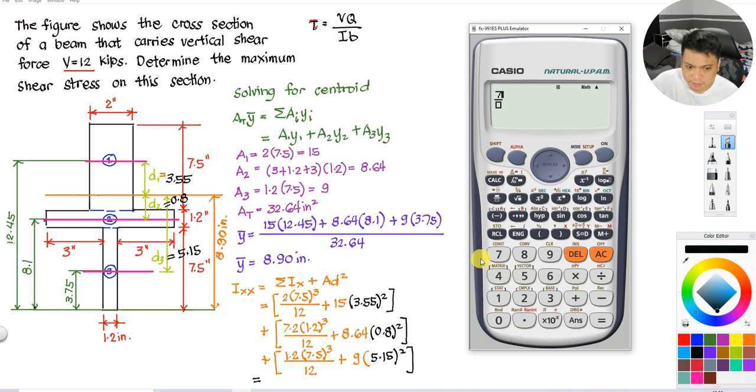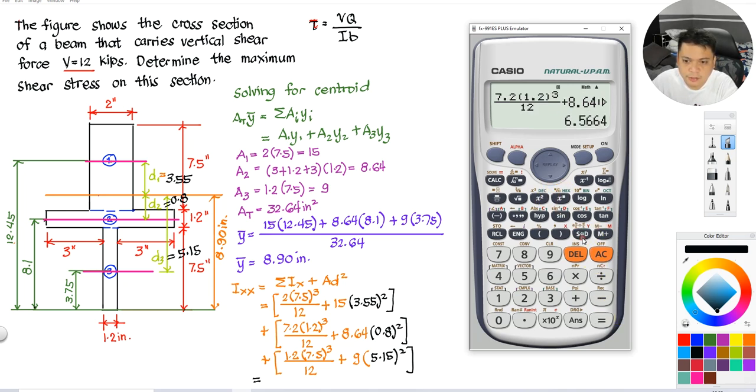So, that is 7.2 times 1.2 cube all over 12. And then plus 8.64 multiplied by 0.8 and then squared. Okay?